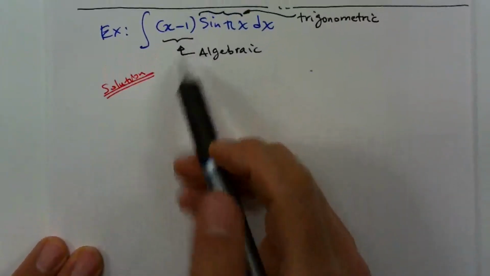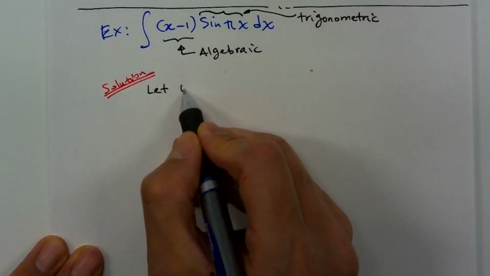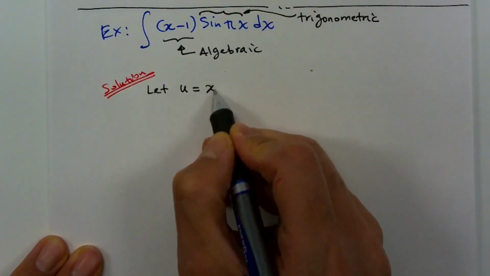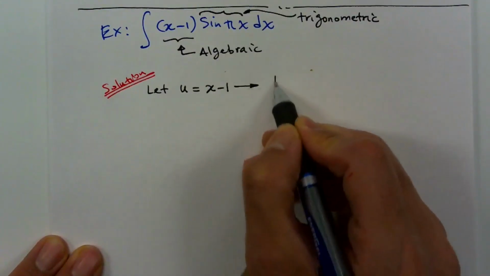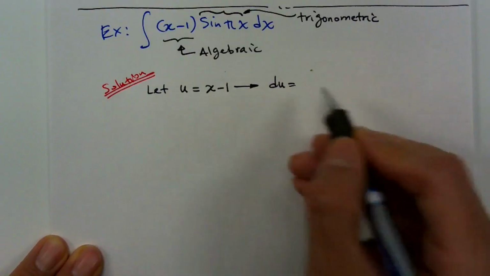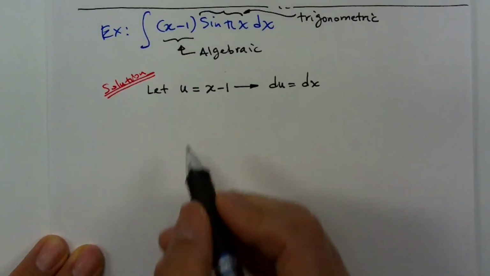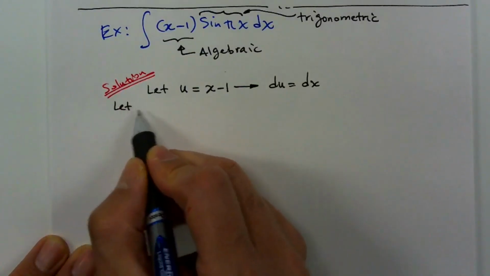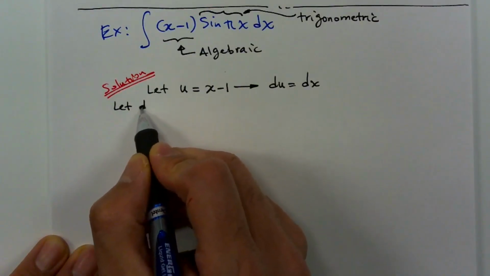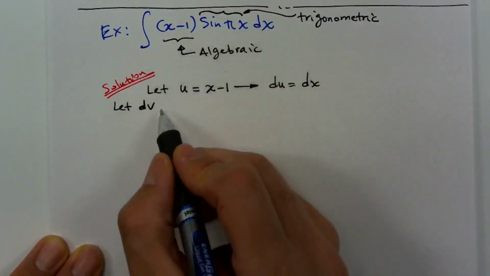We're going to select x minus 1 as u. So let u be x minus 1. Therefore, du, of course, is just 1 dx, or dx, right? And then, of course, let dv be the rest of this, which is sine pi x dx.